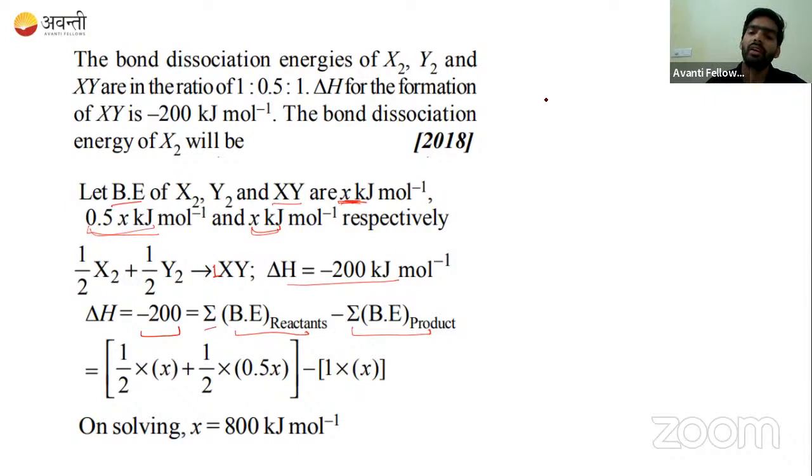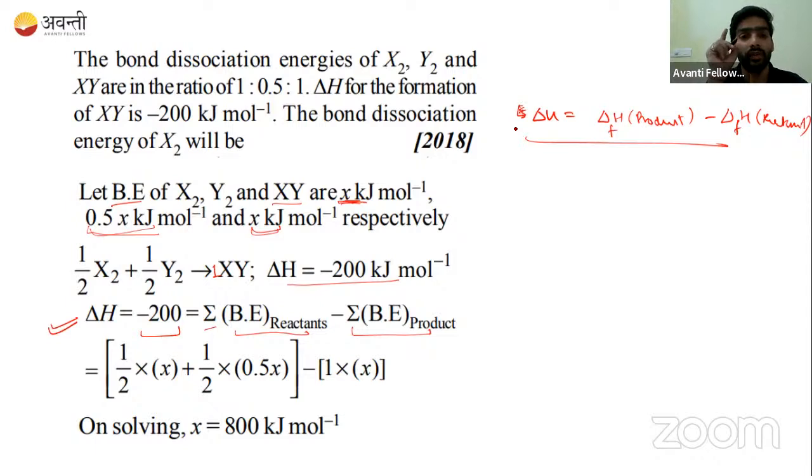Like previously you have seen one more formula for the enthalpy of a reaction, that is delta H is the delta H of formation of product minus delta H of formation of reactant. Okay, these both are different. So you have to be alert that while using the dissociation energy formula, you first write the bond energy of reactant and then the bond energy of the product.